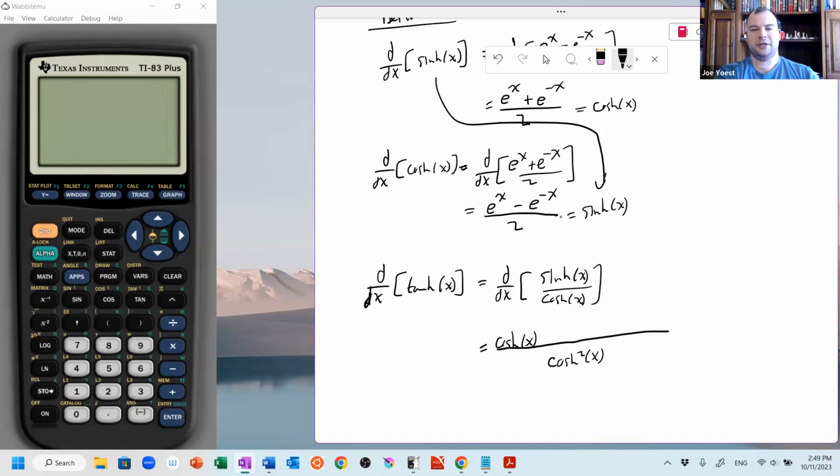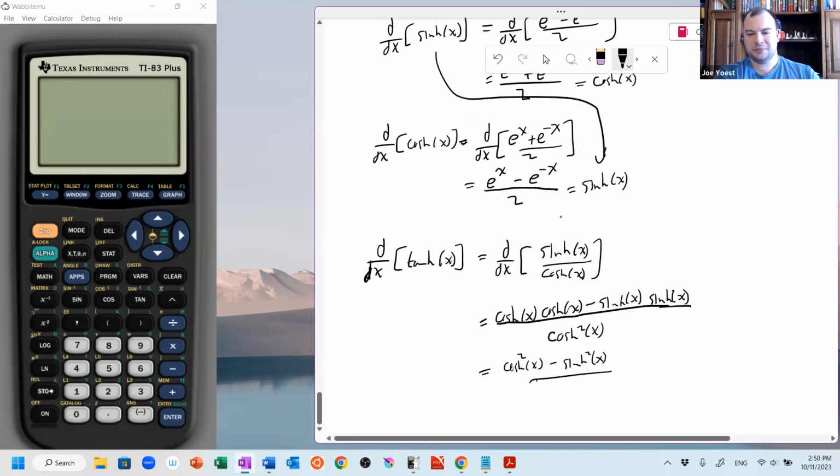So bottom is cosh of x, derivative of sinh of x is cosh of x, minus top sinh of x. Derivative of bottom, derivative of cosh of x is just regular sinh of x. So that's cosh squared minus sinh squared over cosh squared.